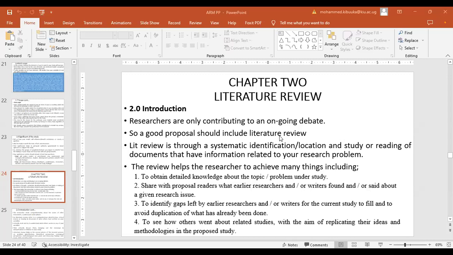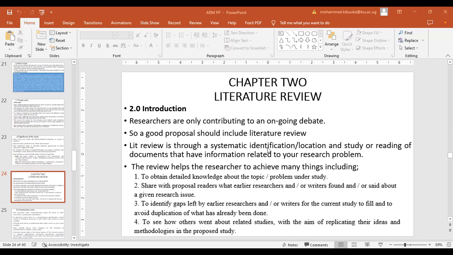I said, literature review means that there are so many views of people about the same issue you are researching about. Therefore, before you add your views on that issue, it is important that you get to know the previous views of other people or other scholars, so that you avoid duplicating what they have already said or what they have already done.